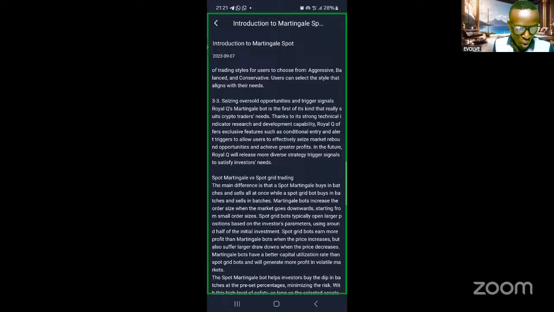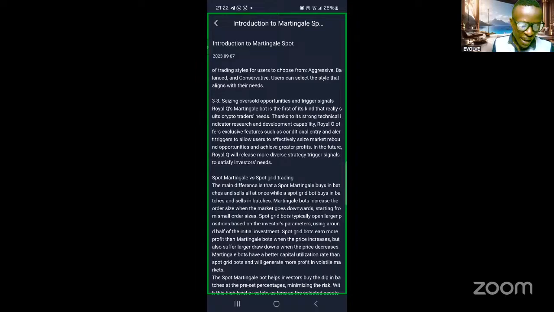Seizing oversold opportunities and trigger signals. Royalq Spot Martingale is the first of its kind that suits crypto traders' needs, thanks to its strong technical indicators, research and development capability.